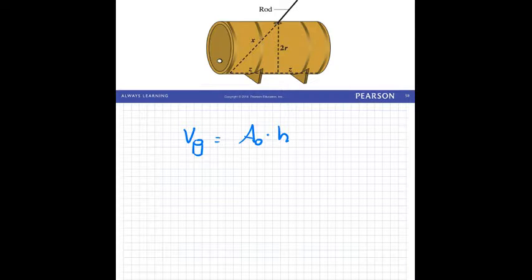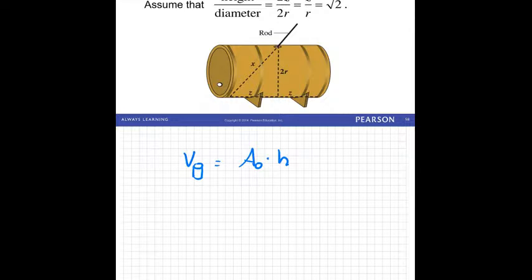So let's see if we can find the area of the circular base. The area of the circle is, in general, pi r squared, so we can just leave that as is for right now. That's the formula for the area of the circle. The height of the barrel in this case is going to be 2z.